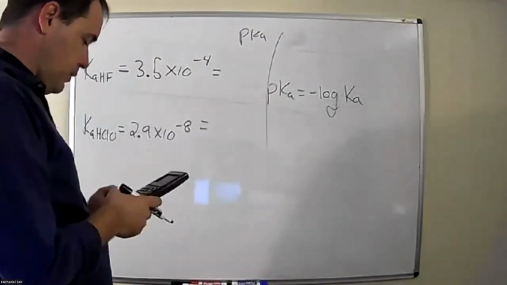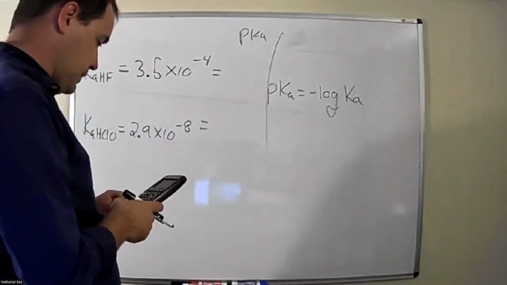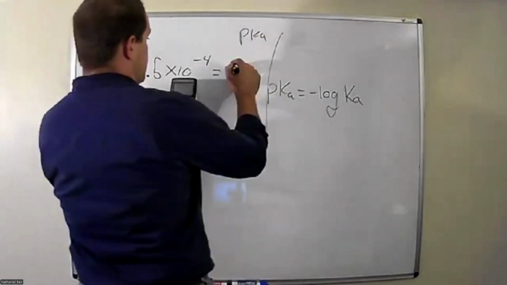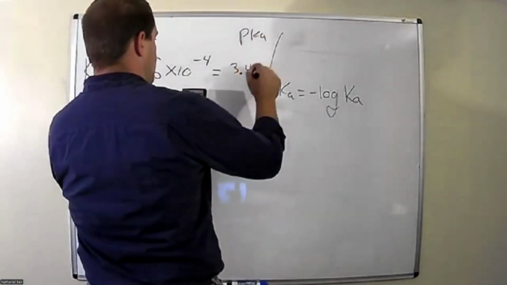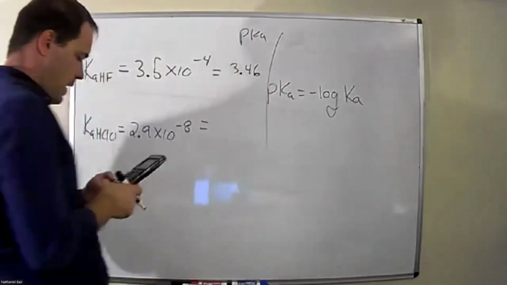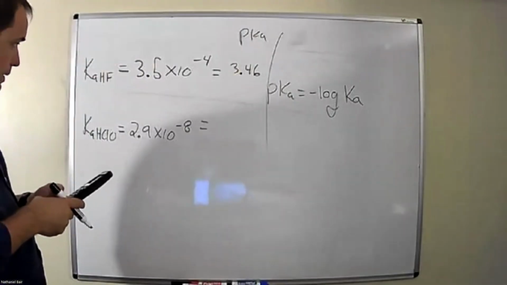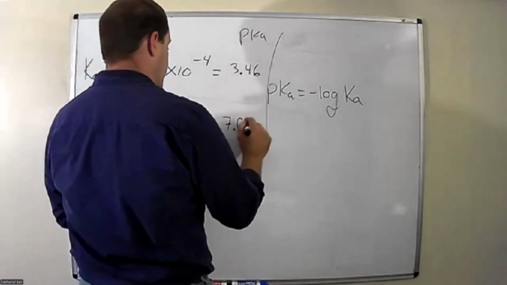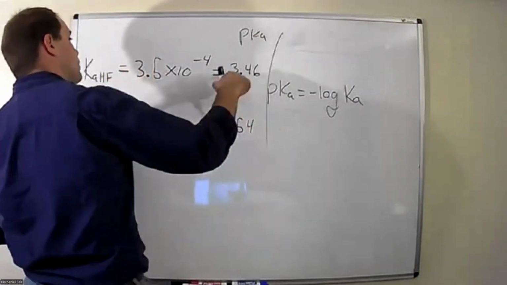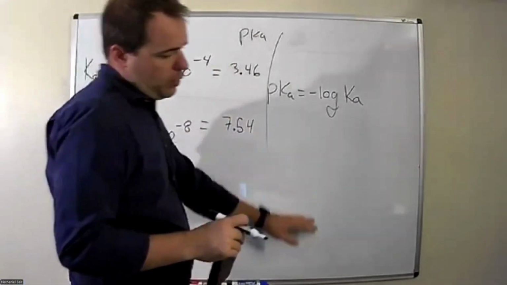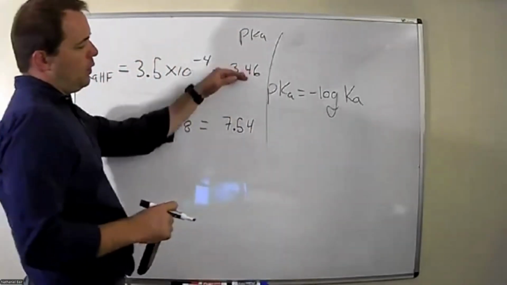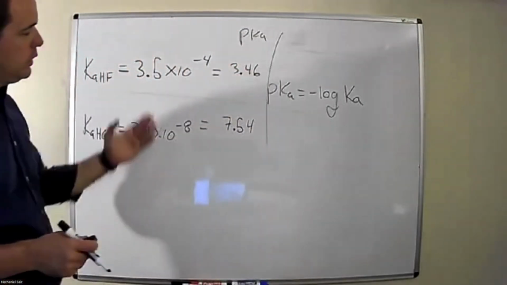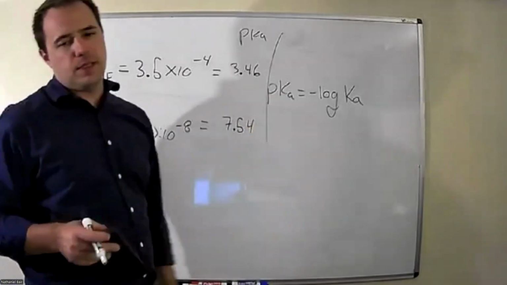The negative log of 3.5 times 10 to the negative fourth is a pKa of 3.46. And the negative log of 2.9 times 10 to the negative 8 is a pKa of 7.54. Just like pH, the lower the pKa, the stronger the acid. So if you're not good with scientific notation, that is an option for you.